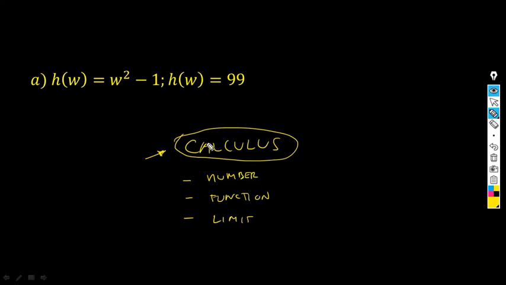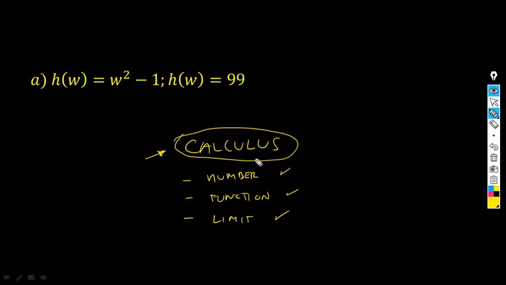And all you need in order to understand calculus are these three concepts: number, which you already understand to a certain extent, and now you need to understand function, which we're gonna understand in this semester, and then limit. Okay, and when you put together these three things, you can do calculus, and you can solve amazing problems with this tool.